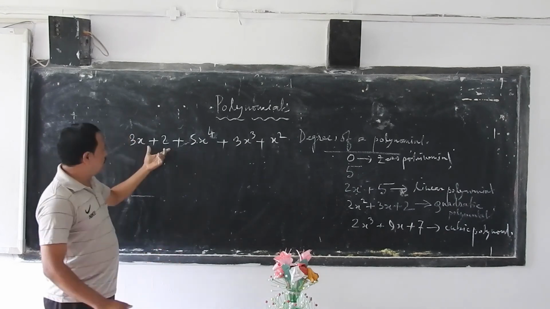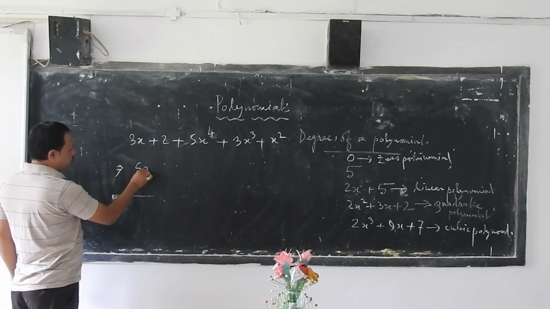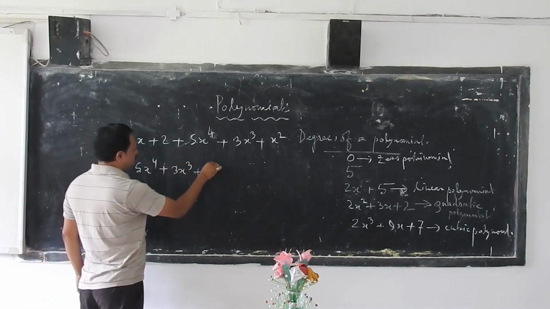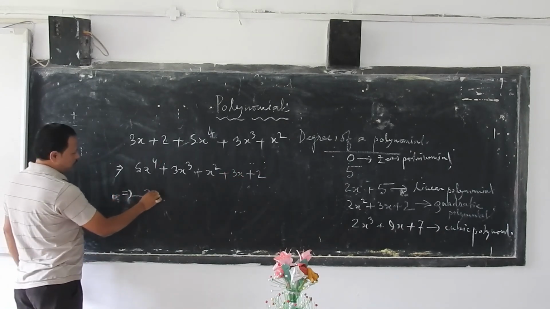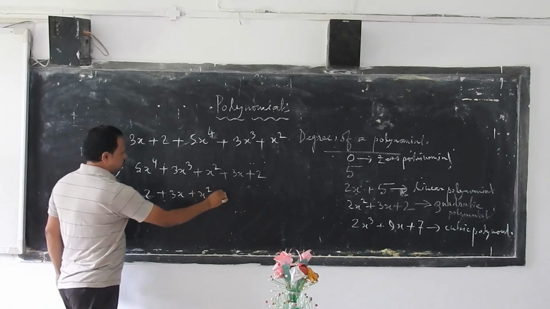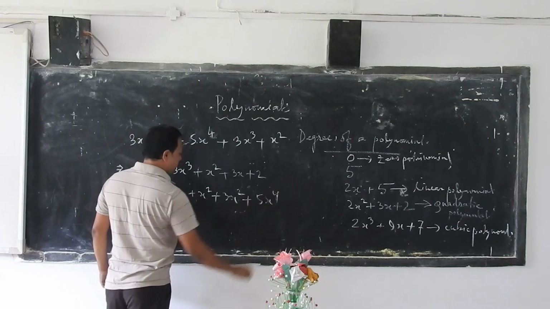Now what will be the standard form? See, 5x to the power 4 plus 3x cubed plus x square plus 3x plus 2, or you can write 2 plus 3x plus x square plus 3x cubed plus 5x to the power 4.